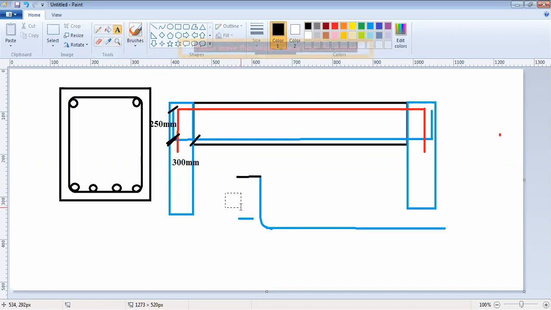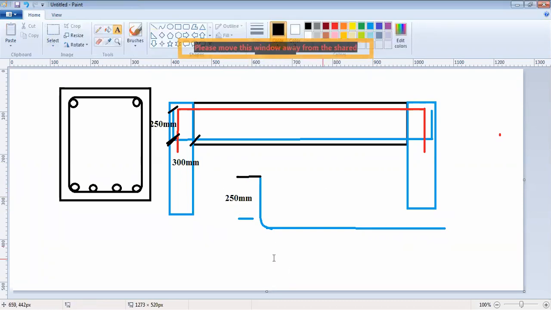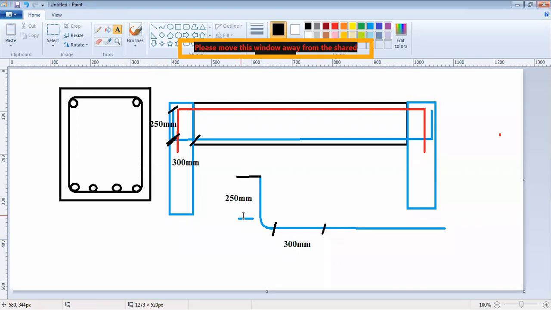Then from here up till somewhere here, in the tension bar, it's 300 mm. Then the rest of the portion, from here up till this point, is in the curvature.